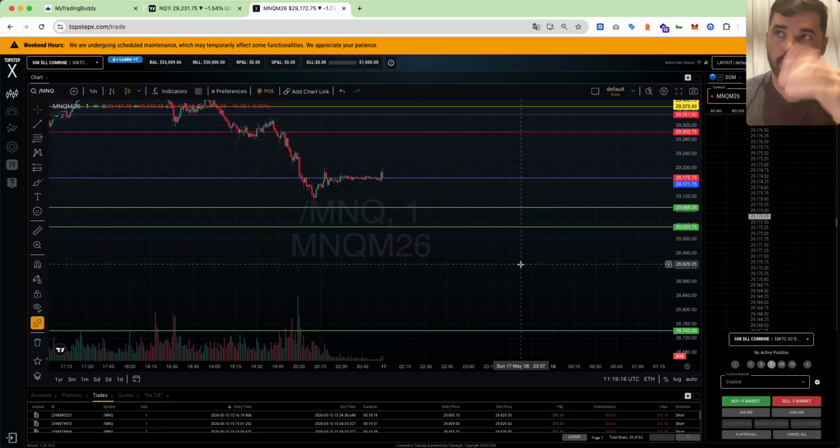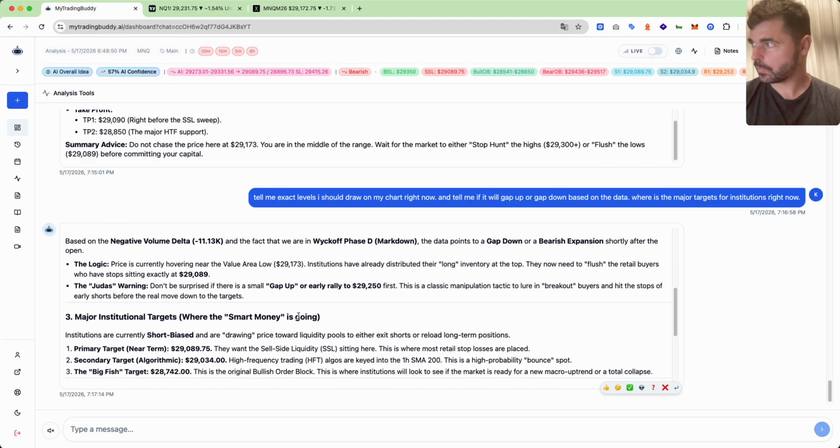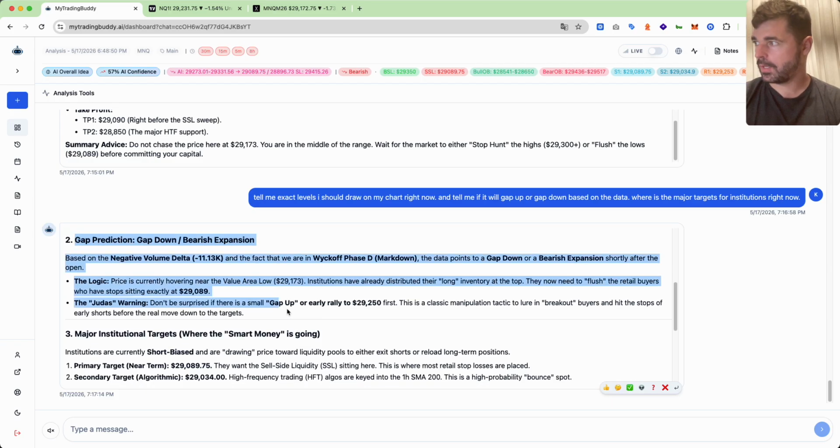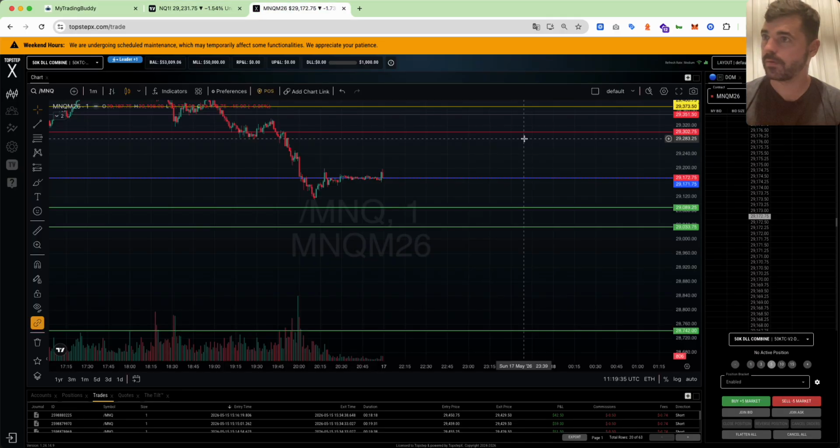So now we have the lines drawn up based on the AI's data. And gap up or gap down: probably gap down for the bearish expansion shortly after the open. Probably goes to that. There could be a small gap up or early rally to 250, so we could see something right here.